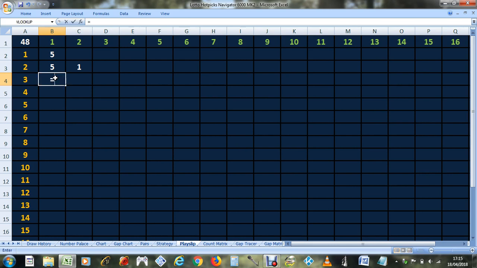So in this square, the probability is 48 times 6 over 59, rounded off to 5. So 5 numbers are going to drop from here to there.